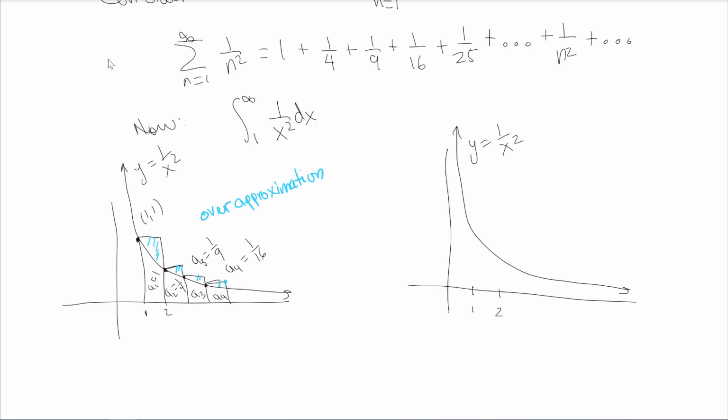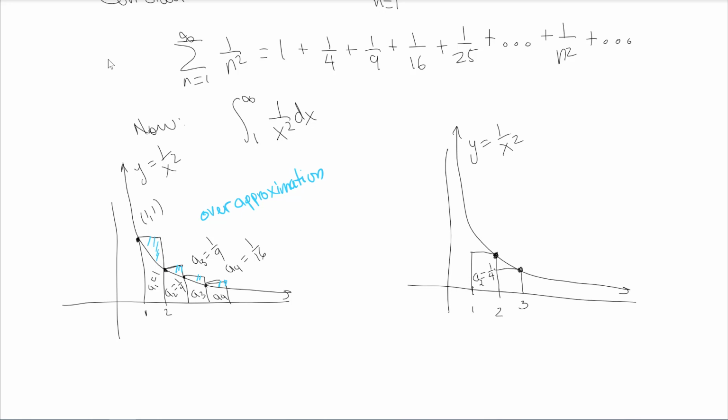So my first rectangle actually starts at 2, and then I go this way, which is really then A2, because the area of this guy is 1/4, or the height, sorry. Well, the area, since the length is 1. So I'm really starting with A2. And then at 3, we're going to go over here.